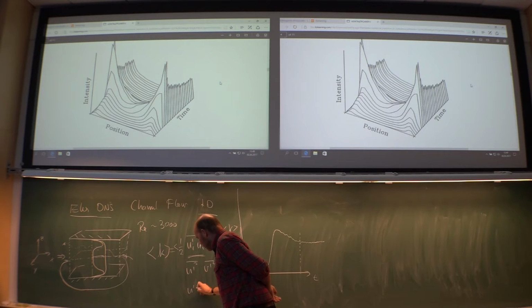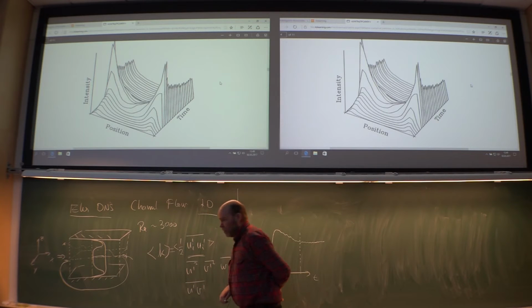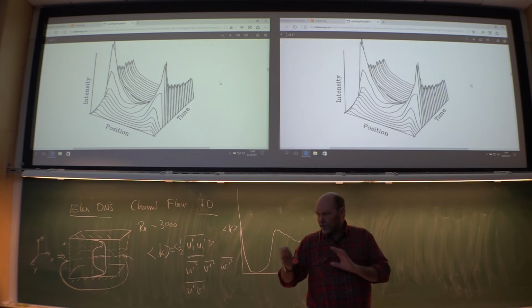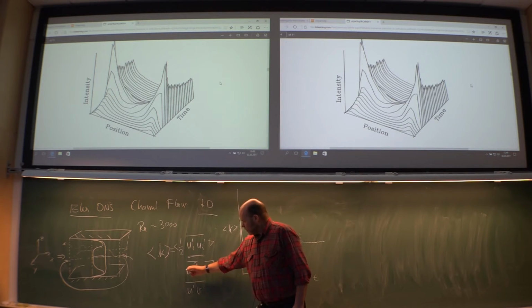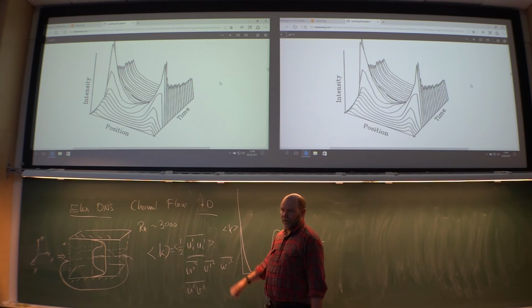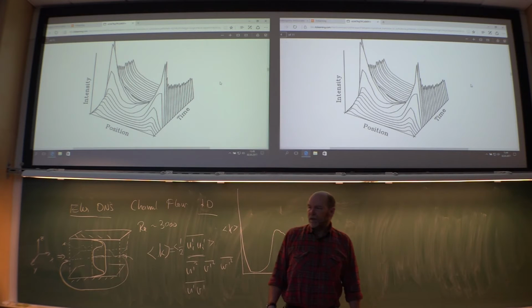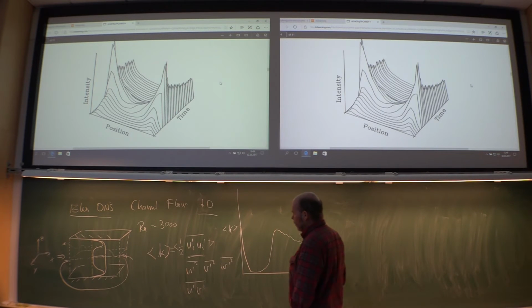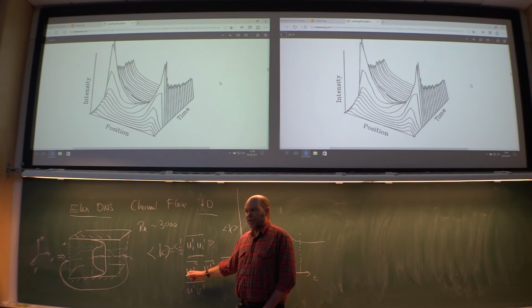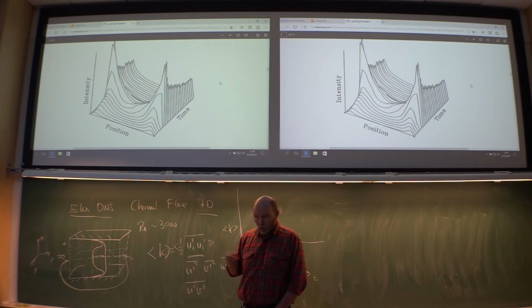For the shear, you will have uv. That will be the Reynolds shear stress. These will be the normal stresses or intensities. People call them also intensities. But they are, as you see, elements of the turbulent kinetic energy. But turbulent motion only.